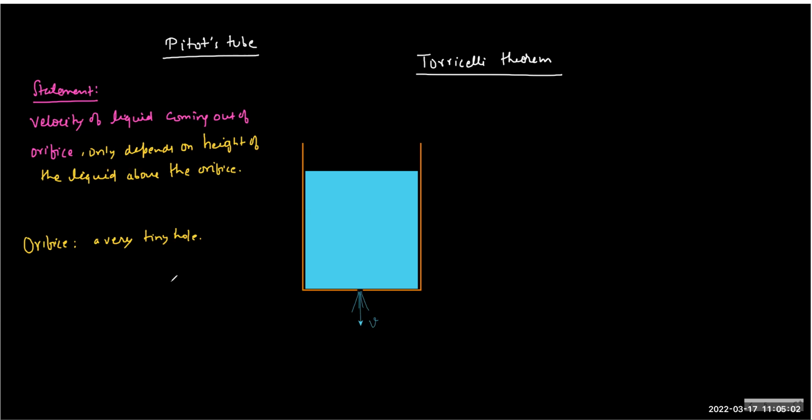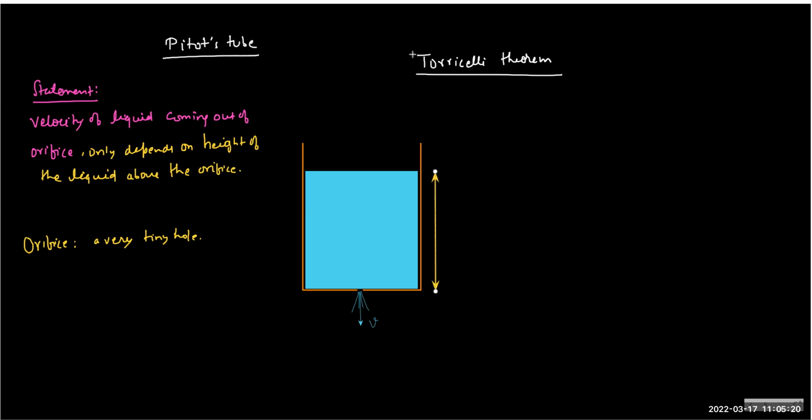So Torricelli is saying that the velocity of the efflux coming out of the orifice depends only on the height of the liquid above the orifice, like this height.